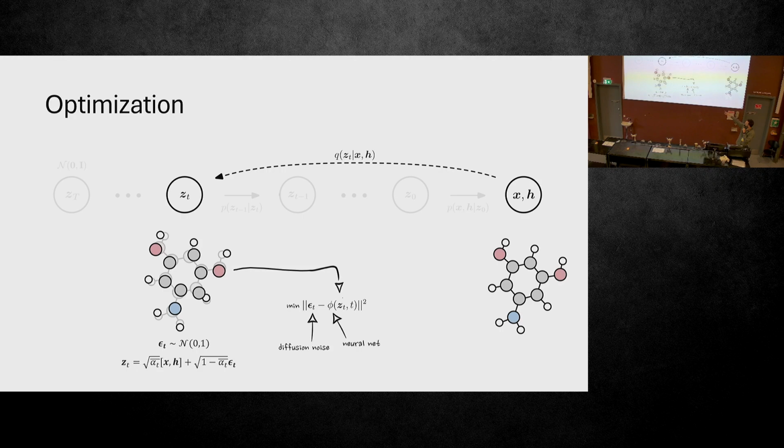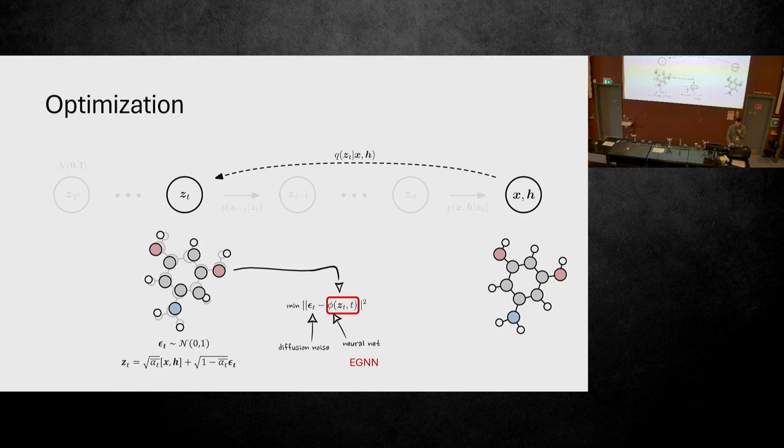Then we input this noisy sample into a neural network, called phi, and also the time step we are at. This neural network has to predict the noise that was introduced into this sample. This is the whole training process, all the optimization. It's very simple. It's the mean square error between the ground truth noise that we added and the noise the neural network predicts. So that's it. It just predicts the noise, and then computes the mean square error with the ground truth noise.